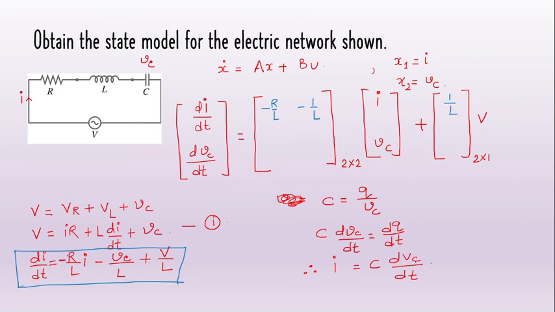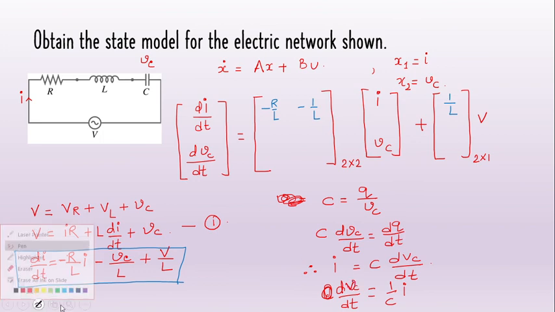Okay. So what am I getting? I got the second equation. What is the second equation? C dVc by dt equal to I. That means if I take the C to the right hand side, it will be dVc by dt equal to 1 by C into I. So this expression I can fit in the second row because I got dVc by dt, which is required.